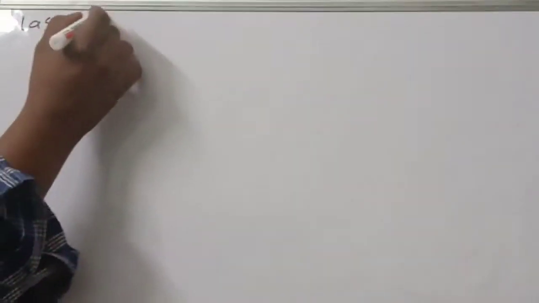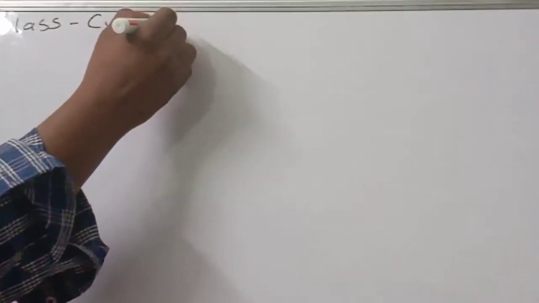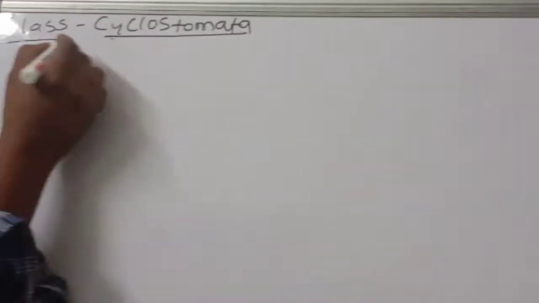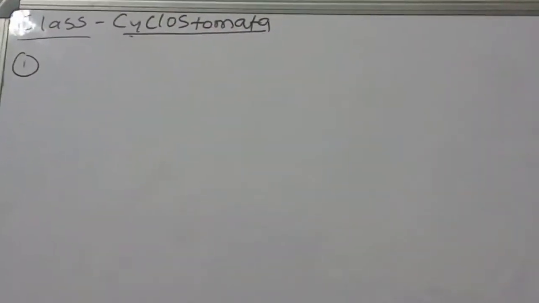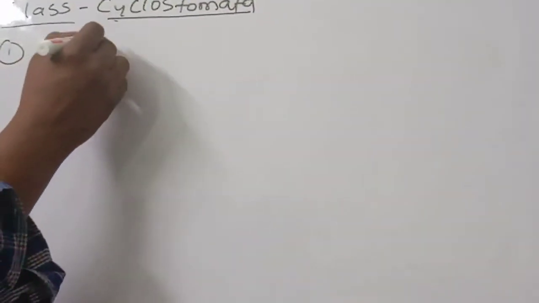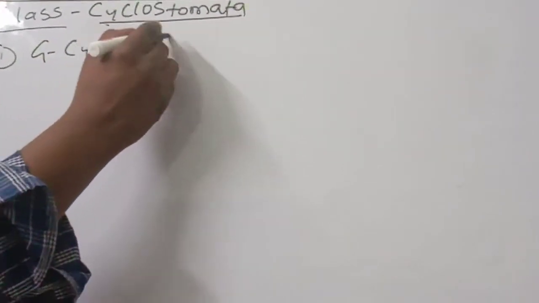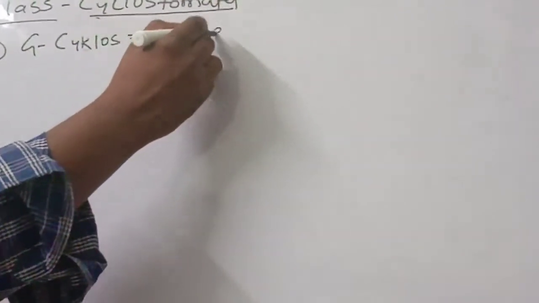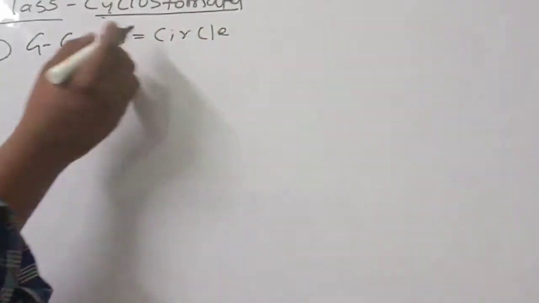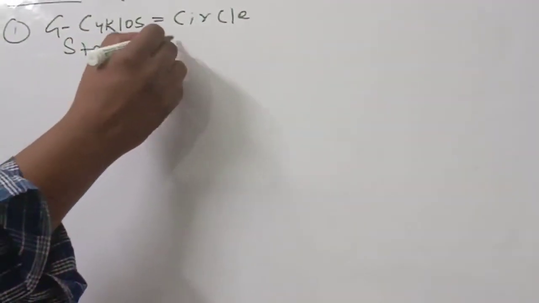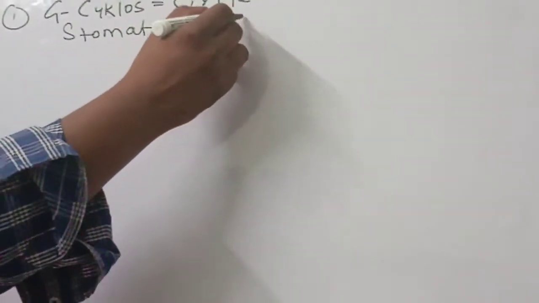Class Cyclostomata. This point you should remember. First point: cyclos means circle, and stomata means mouth.